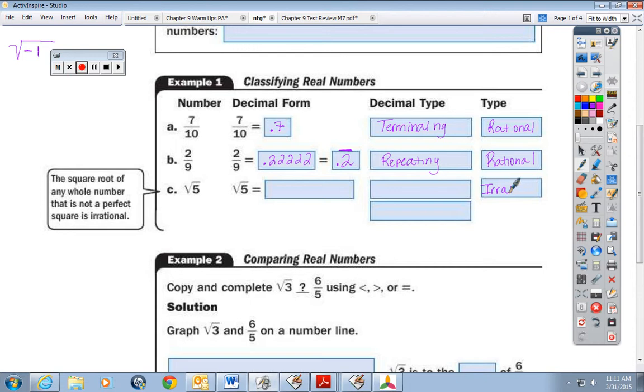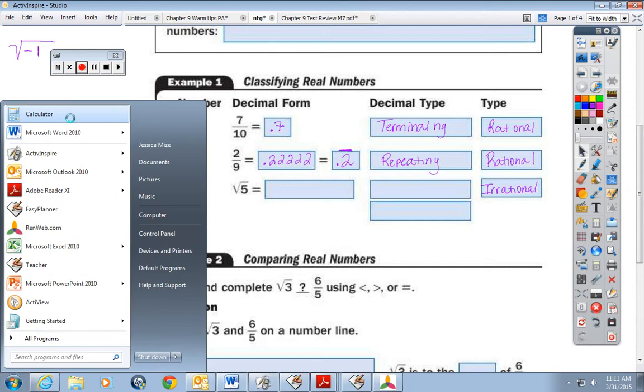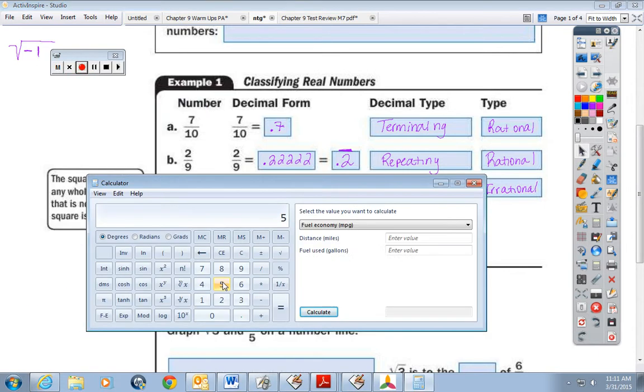Now, to see it on a calculator, this computer calculator takes it out to more digits than your calculator on your desk does. But it doesn't terminate, right? And it doesn't repeat.